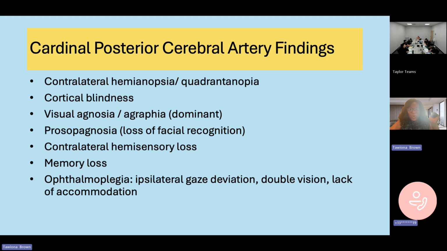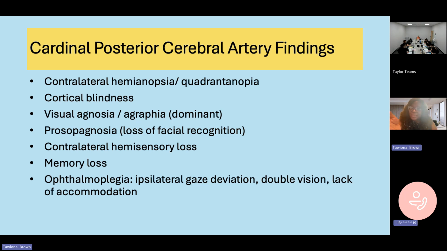Okay, so when we're talking about PCA syndrome, or posterior cerebral artery syndrome, it supplies the posterior lobe, or the occipital lobe, of the brain. You're going to have more visual disturbances.